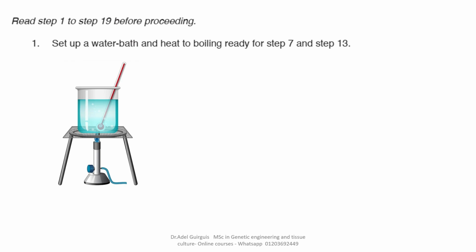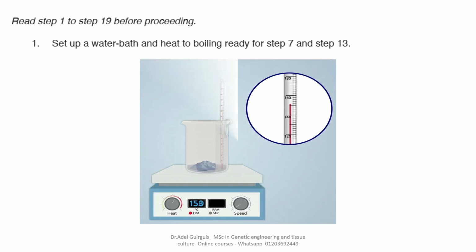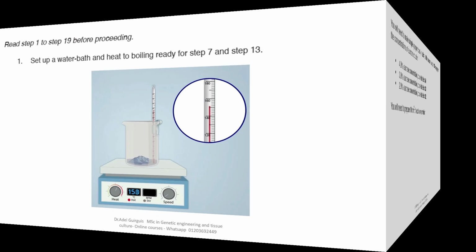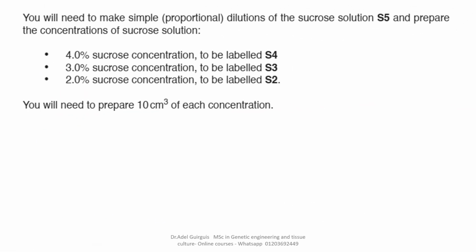Another method for preparing a water bath is by using an electric hot plate, like this one. Now, step 4. You will need to make simple proportional dilutions of the sucrose solution S5 and prepare the concentrations of sucrose solution.